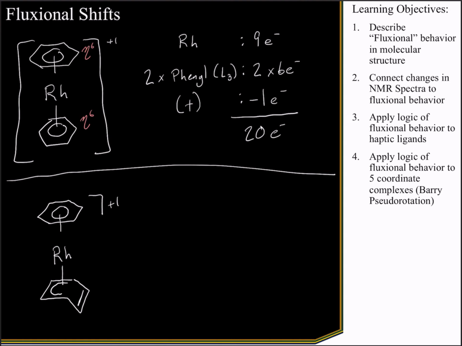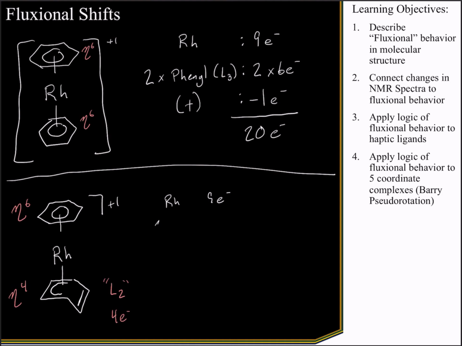So now we still have an eta-6 benzene, and we have an eta-4 benzene. Now this eta-4 benzene looks like an L2 type ligand, which is a 4-electron donor. So if we're going to count up our electrons, we have our rhodium, which is 9 electrons.